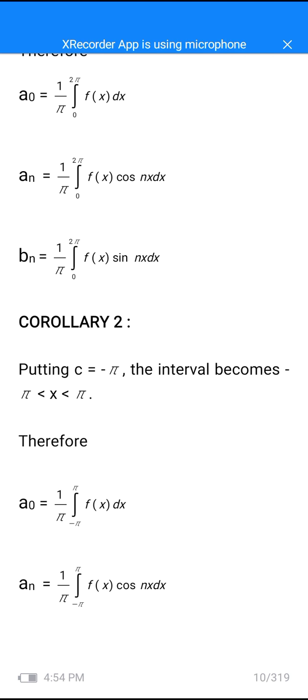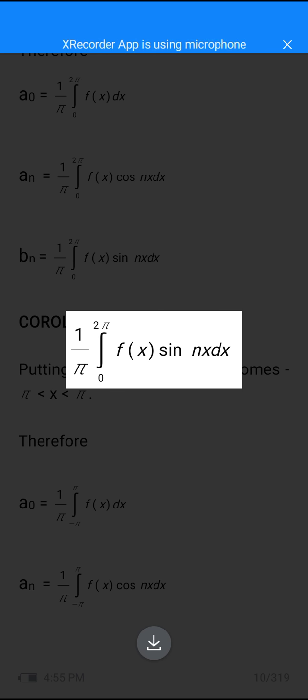So a naught equal to 1 by pi into the integral 0 to 2 pi of f of x dx, and an is equal to 1 by pi into the integral 0 to 2 pi of f of x into cos nx dx. Why am I specifying this? It will change in another change of interval. And bn equal to 1 by pi into the integral 0 to 2 pi of f of x sin nx dx.